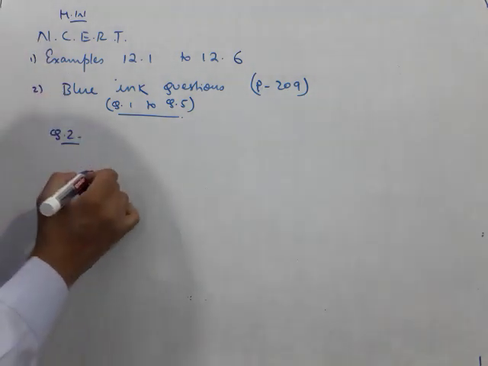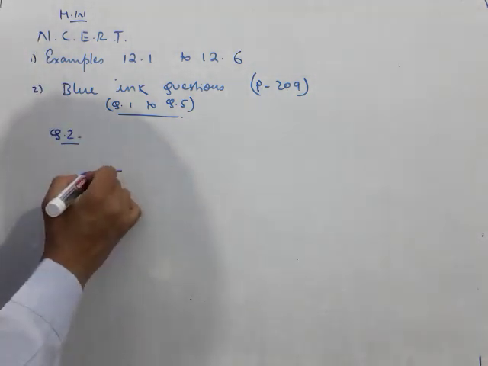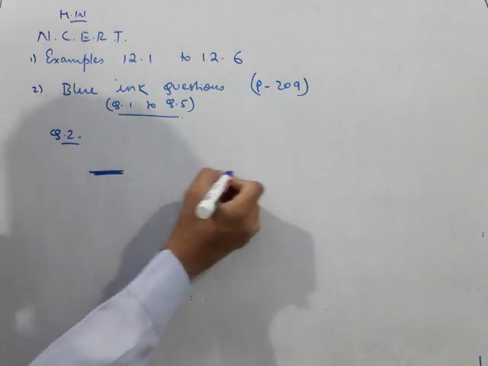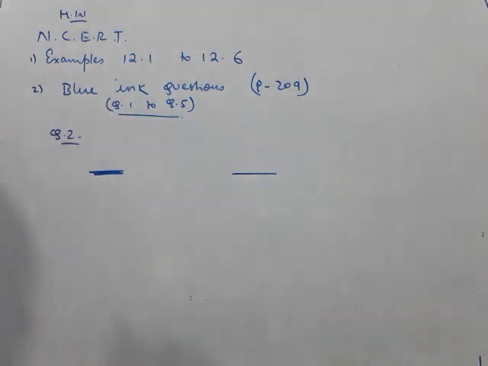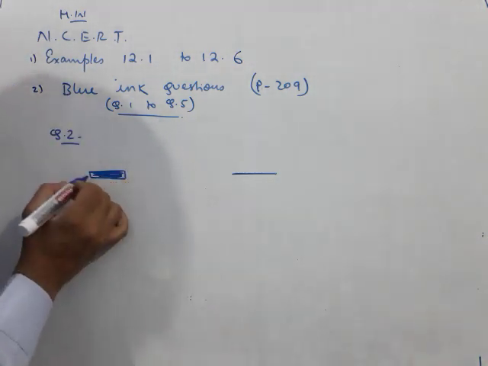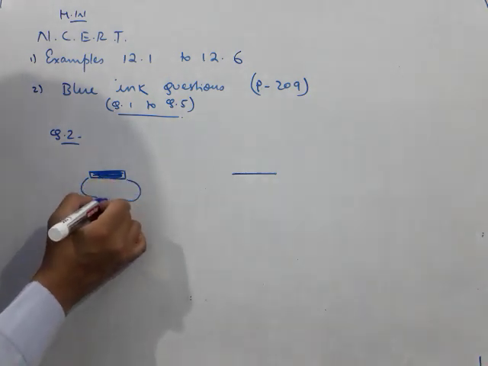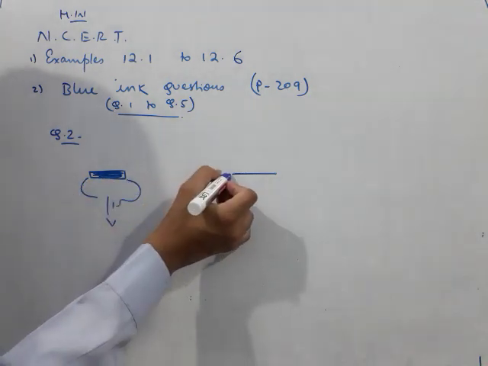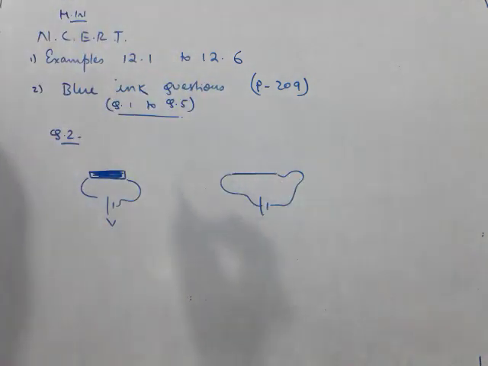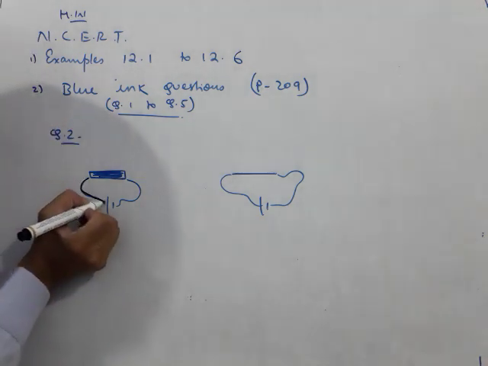Suppose I have a thick wire and I have a thin wire, and it is asked, out of these two wires, when you connect them to a voltage source, means battery, like this.